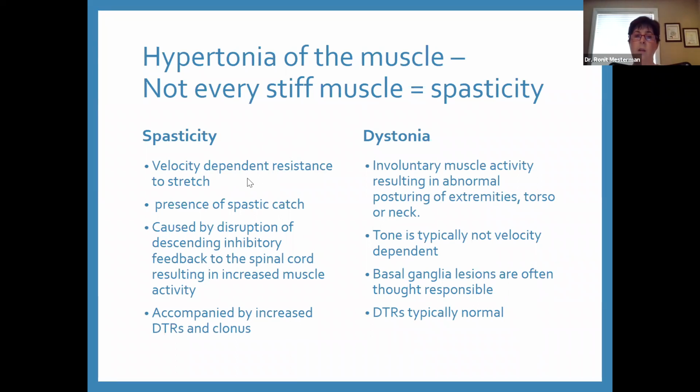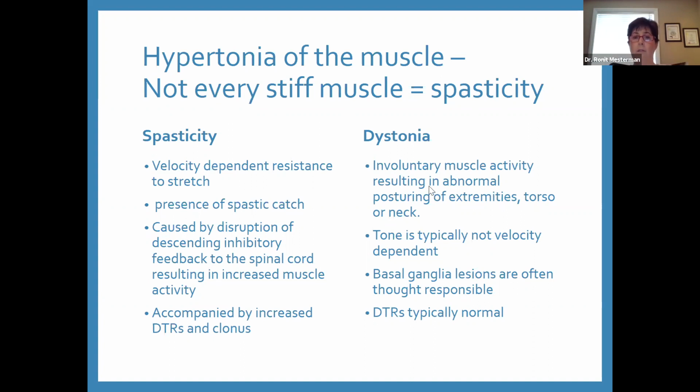So we know that when we make a slow movement, we feel tone, but when we do a quick movement, it presents with a typical spastic catch, after which, as long as the muscle is not fully contracted, we can still further extend the movement.